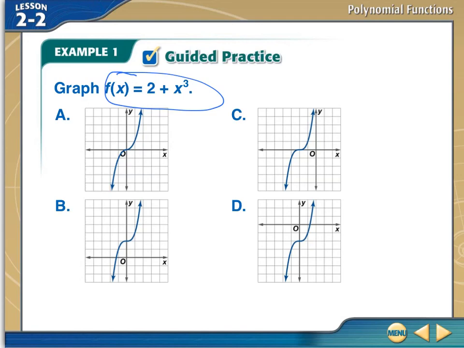On top of that, think about what the parent function of 2 plus x cubed is, and what type of transformation is involved between the parent function and f of x equals 2 plus x cubed. So all I'm asking you to do right now is graph this function and match it with the correct graph, A, B, C, or D, and press submit.